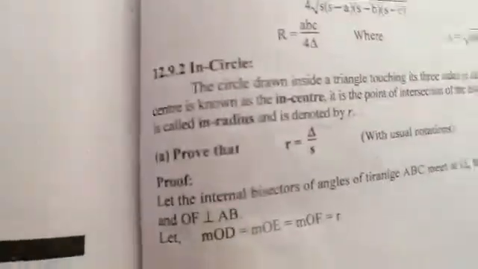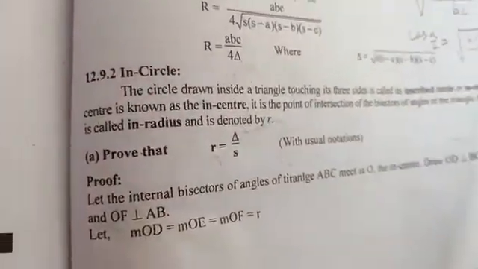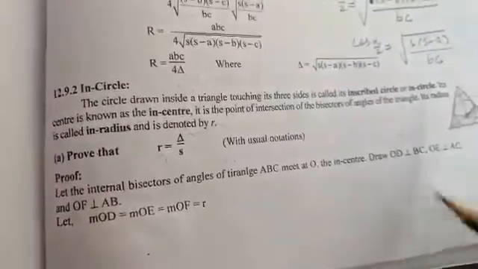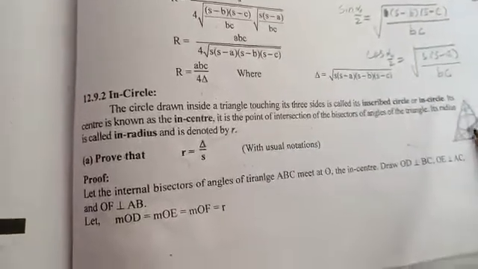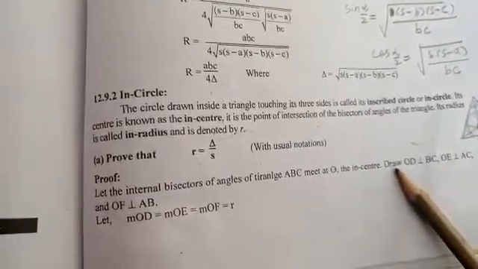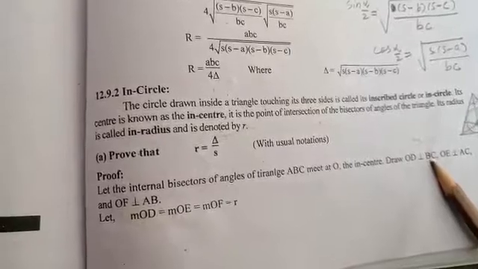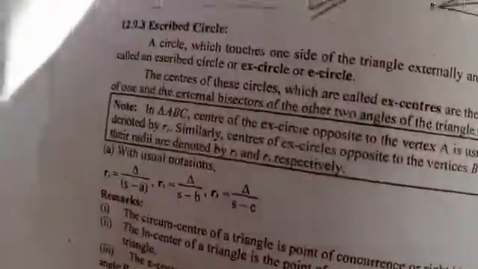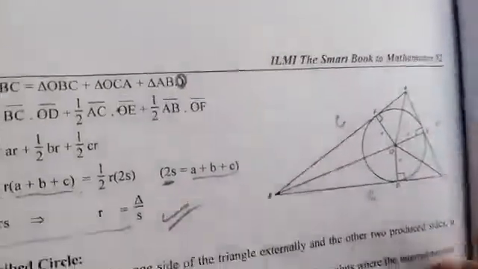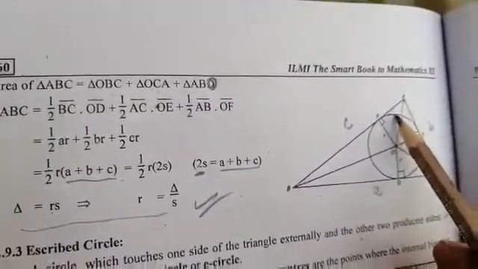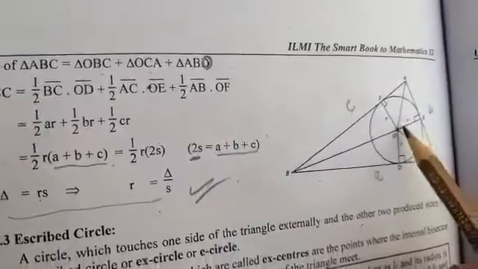Let the internal bisectors of angles of triangle ABC meet at O. Draw OD perpendicular. We can look at an example and figure. This is example of incircle.